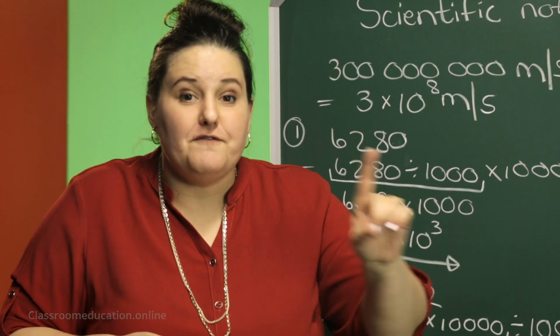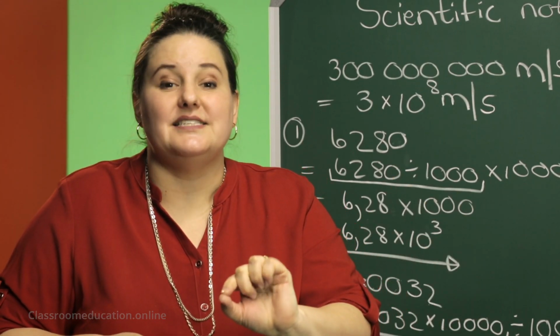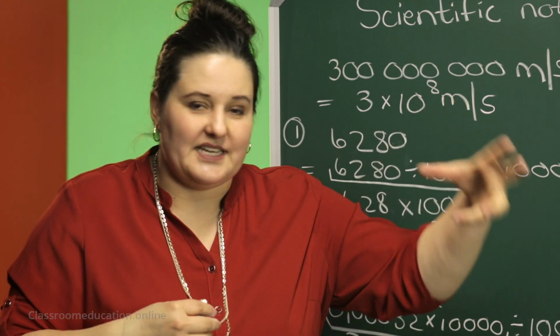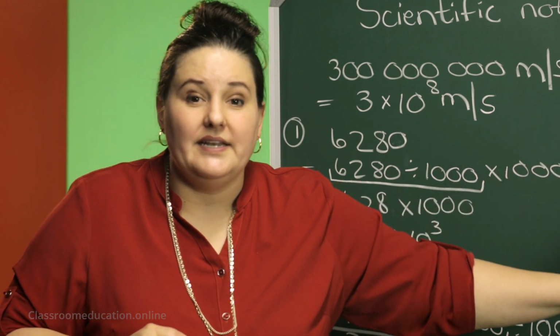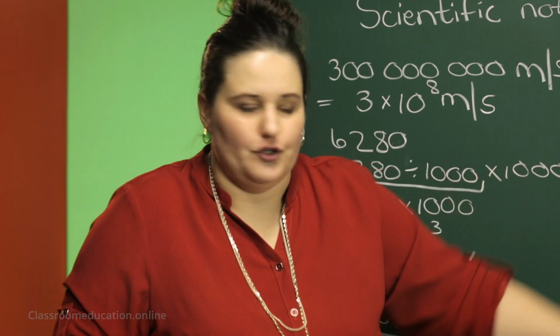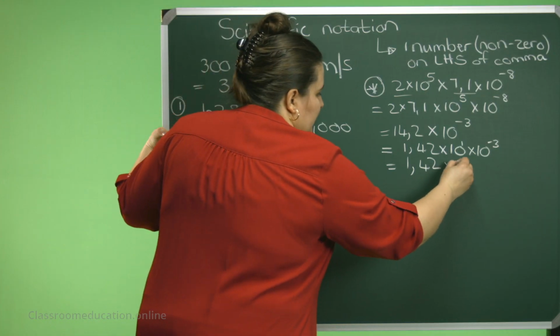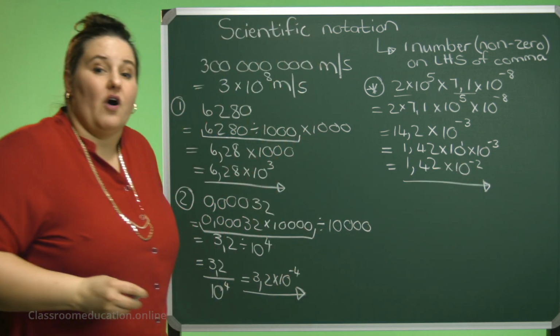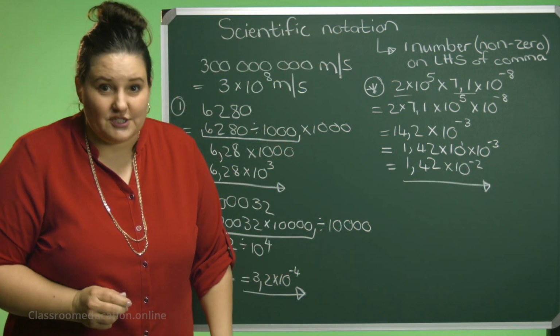Remember, if you add exponents, it means that you leave the sign as it is. If it's a negative, you leave it as a negative. So I have 1 plus -3, and that will be -2. So times 10 to the power of -2. And there's your answer in scientific notation.